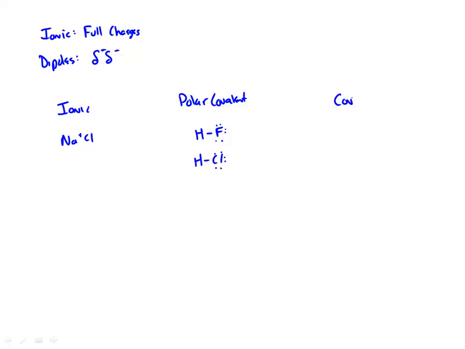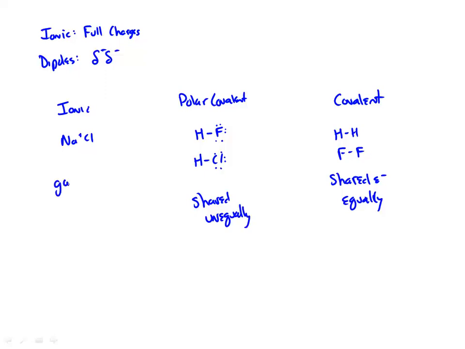And then on the other end of the spectrum, we had covalent molecules like hydrogen or fluorine where they shared electrons equally. Here we shared unequally. And here we actually gain or lose electrons.